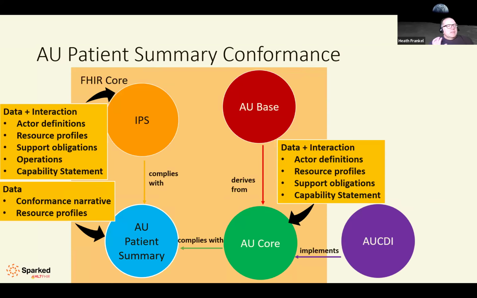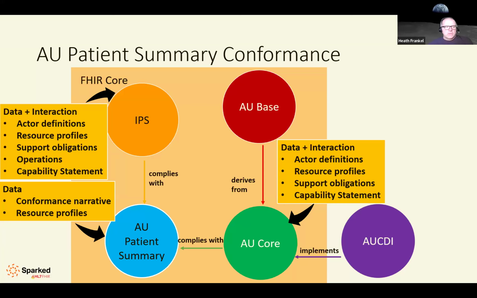But basically, in summary, what we're trying to say here is that in AU Core, we are trying to align with both IPS and AU Core. So we're bringing in our AU Core profiles, we're leveraging the IPS profiles, and we want to align with both of those. Each of those standards themselves have conformance rules.